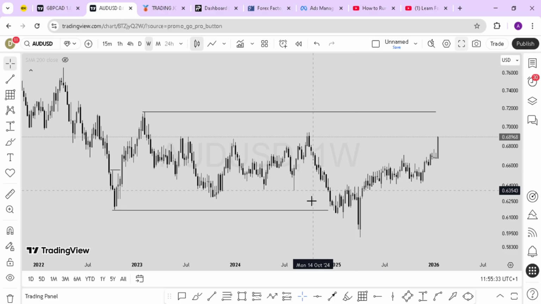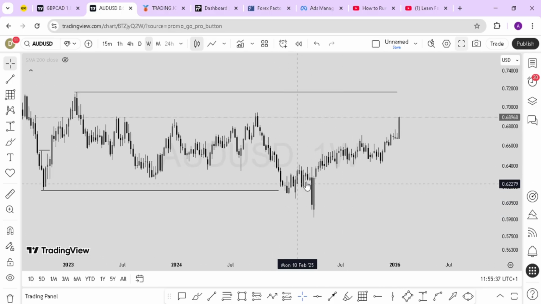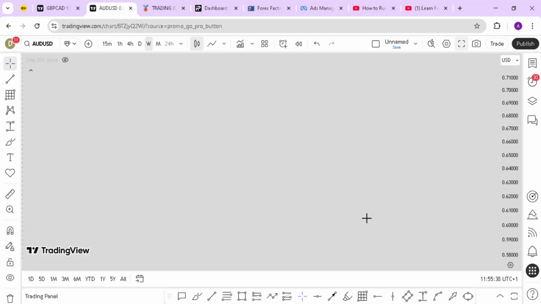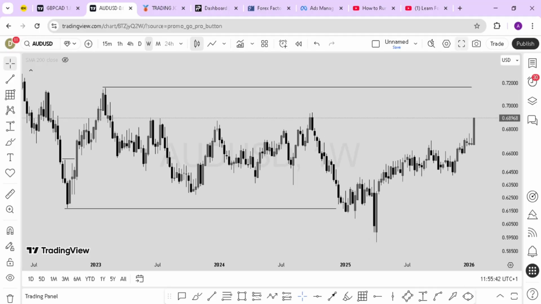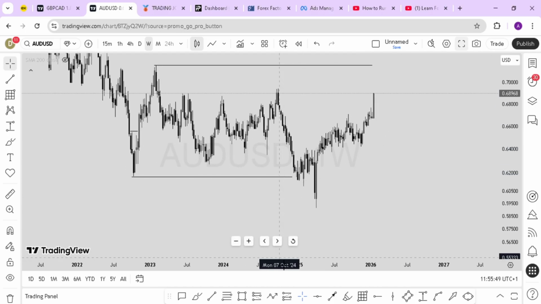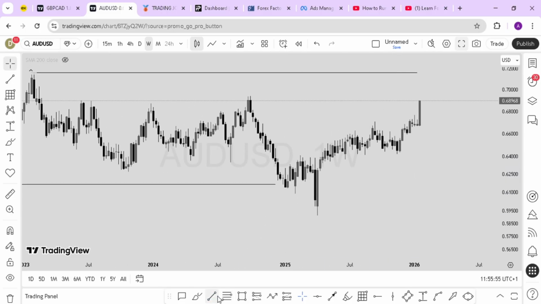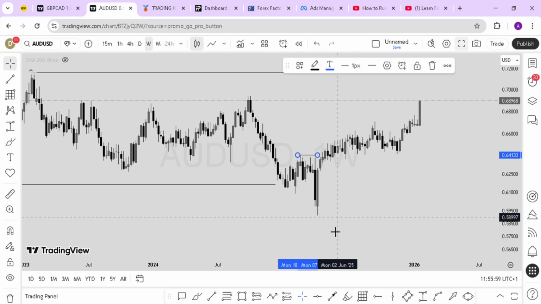Then after the break of structure, the market tried to create another pullback, a kind of small structure, but this is the last valid pullback that the market did on weekly. So we will use this as our new inducement for weekly.